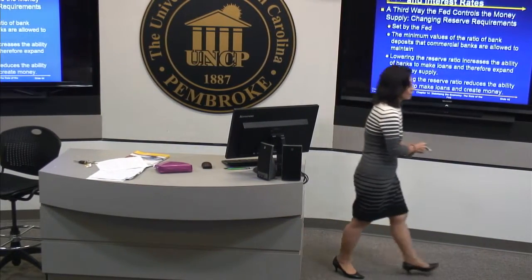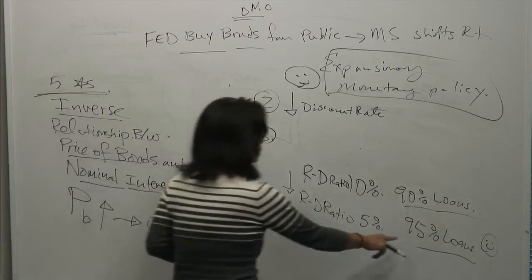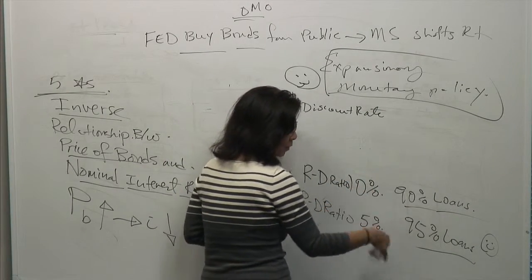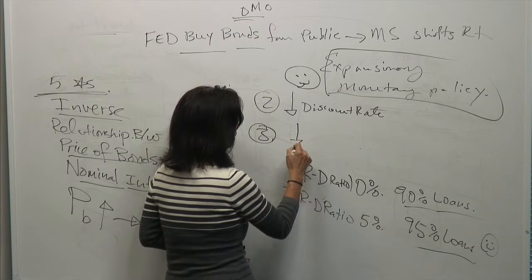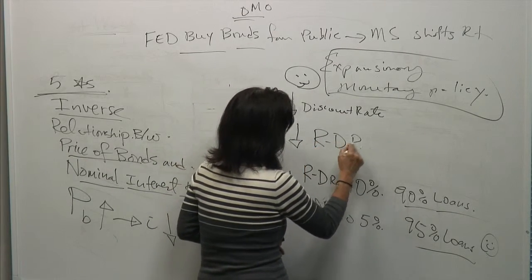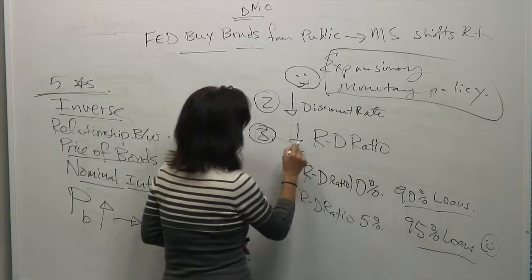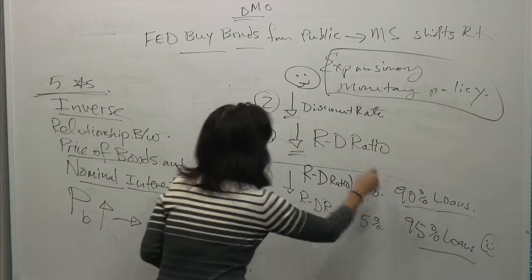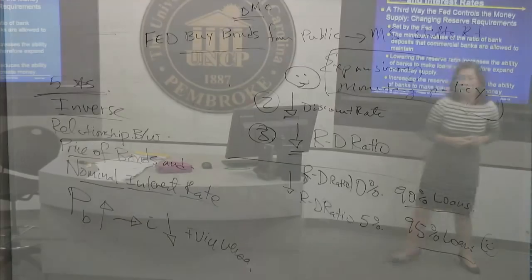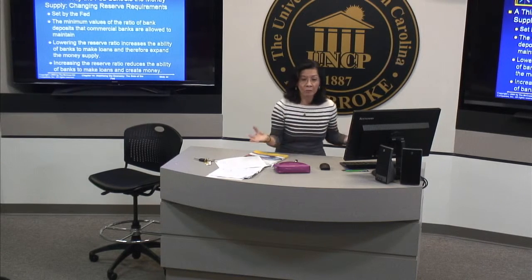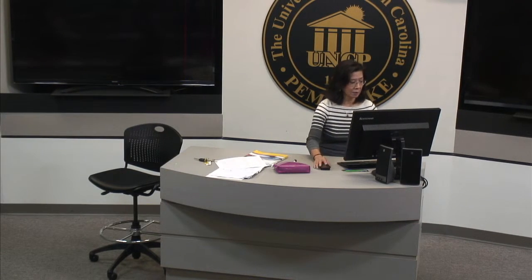In other words, they have more to loan now. How do they have more to loan now? From the reserve. So if you lower the RD ratio, or lower the discount rate, these are all examples of expansionary monetary policy, and vice versa. If I explain one side, I think you understand the other side.